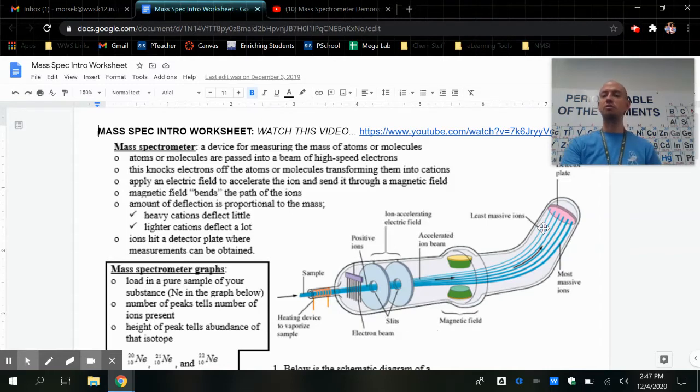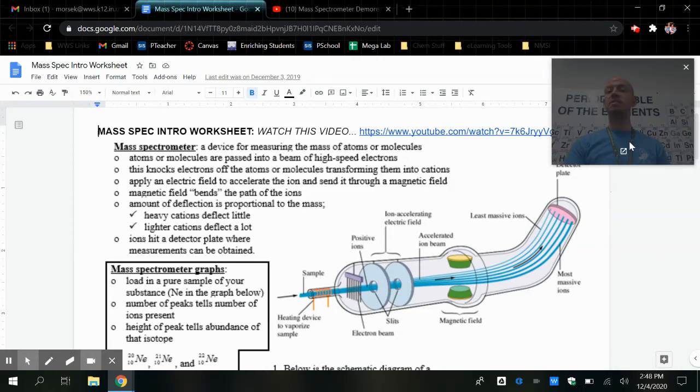As they go through, those lighter ones are the easiest to change the direction of. They are the ones that have the least mass. If we're thinking like a car trying to turn a corner, it's a lot easier for a small car or motorcycle to turn than it would be for a semi. That small mass can more easily be turned or changed.